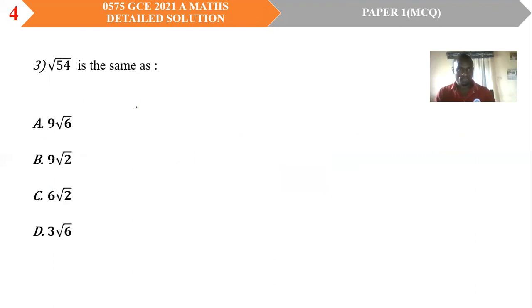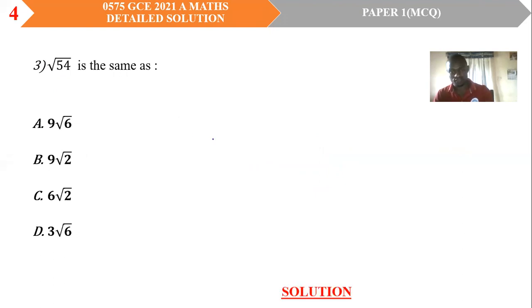Question 3. The root of 54 is the same as... here again, looking at this, you see that 54 is not a perfect square. And so what they simply want us to do is to simplify root 54 in its basic form.